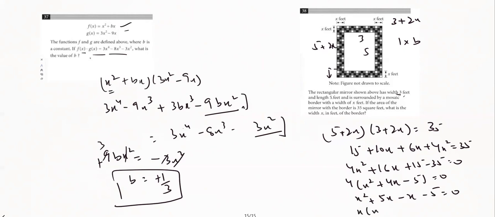Common: x plus 5 into x minus 1 equals 0. So x equivalent to 1 is the right answer. And they are asking for x in feet of the border. So x is 1. All clear? Yes.